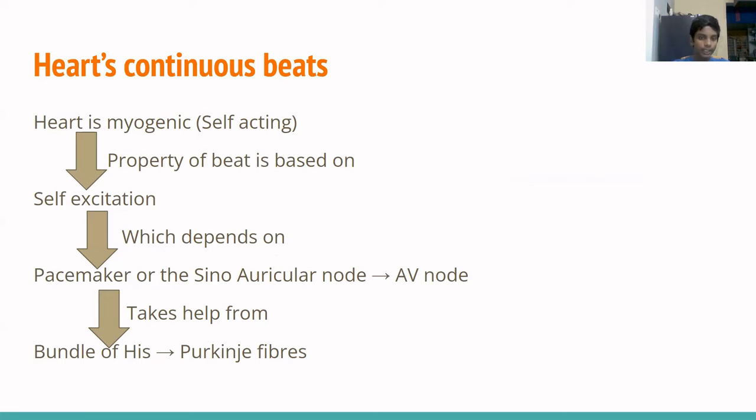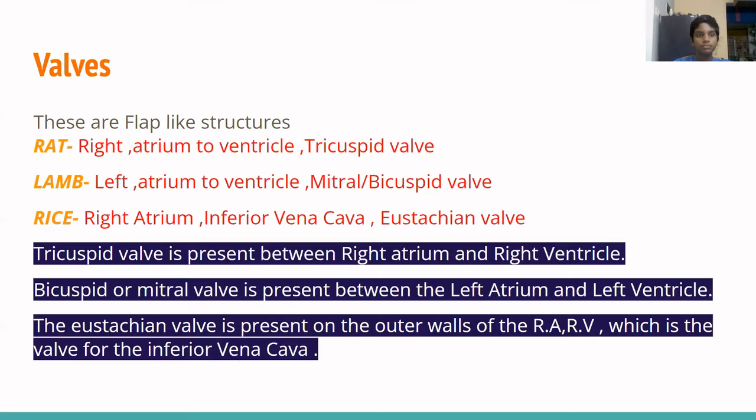And the self-excitation is dependent on the pacemaker, the SA sino-auricular node, which takes help from the atrioventricular node. And this atrioventricular node again takes help from the bundle of His, which releases Purkinje fibers to form one beat.